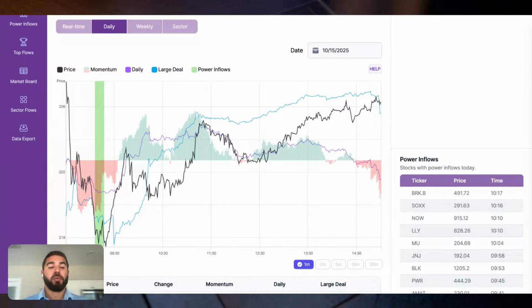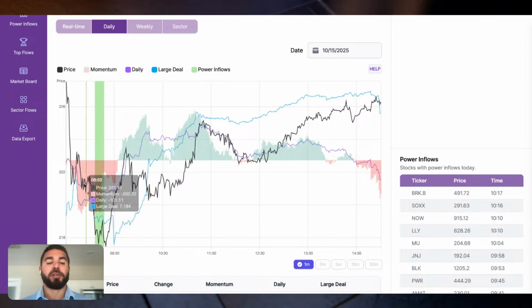So if we dig a little deeper into this example here, you'll notice right out of the gate, the price, that black line, really dropped in the first hour or so of trading yesterday. It opened up around 227, and you can see in under an hour, it dropped all the way down to 217. It was down around 4 or 5 percentage points right out of the gate.